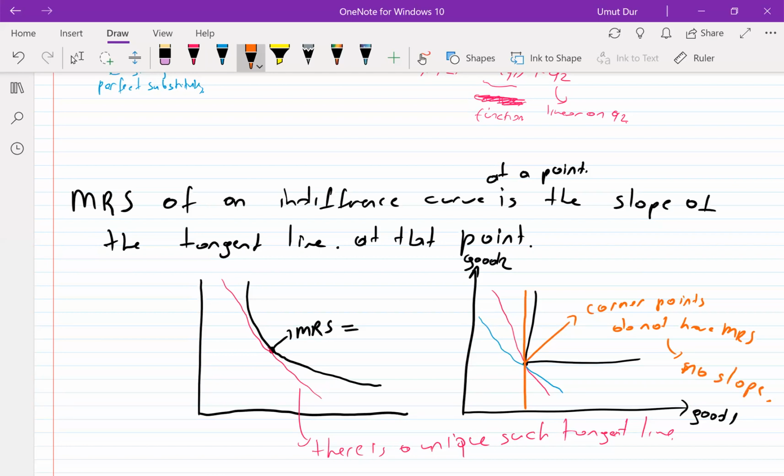Their slope is not defined. Whenever I ask for the marginal rate of substitution for these right angle indifference curves, the answer is there is no slope. There is no such thing as a marginal rate of substitution for those kinds of indifference curves. Clear?